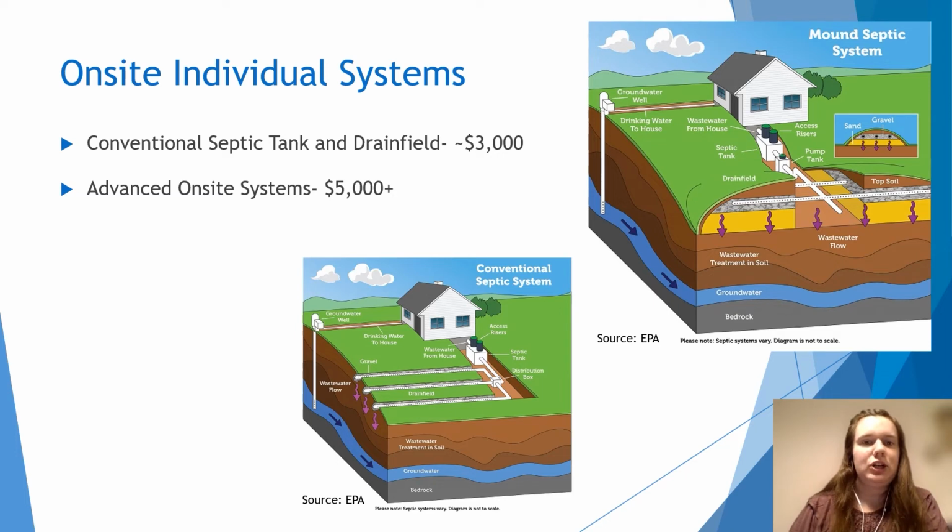As I mentioned earlier, the conventional one's about $3,000 for this area, and the advanced can be anywhere from $5,000 all the way up to $20,000 to $30,000, which many of the residents that don't have access to sewer live in mobile homes that are worth less than what some of these systems would end up costing to install.